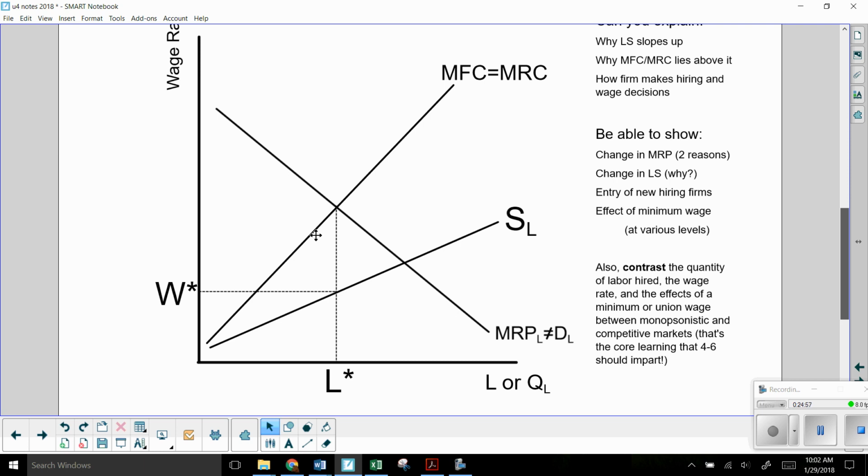I've got to pay that new worker $4, and then each of the previous 3 workers is earning an extra dollar every hour. So that's why it was an increase in cost of 7. One more time, if I go to 5 workers at $5 an hour, that's 25, marginal factor cost of 9, wage only 5. So you can see why MRC or MFC is greater than the wage, hopefully.